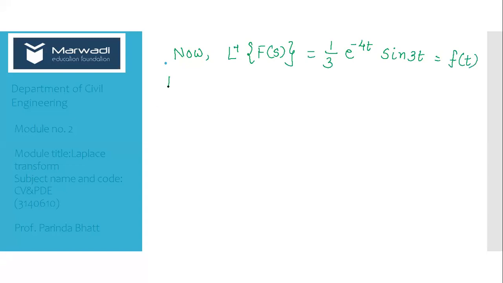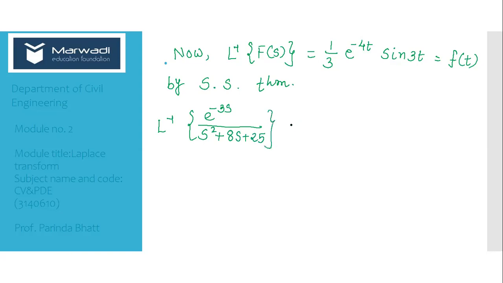Now, by second shifting theorem, Laplace inverse of e power minus 3s divided by s square plus 8s plus 25. What is the value of a? 3. Therefore, f of t minus 3, u of t minus 3.